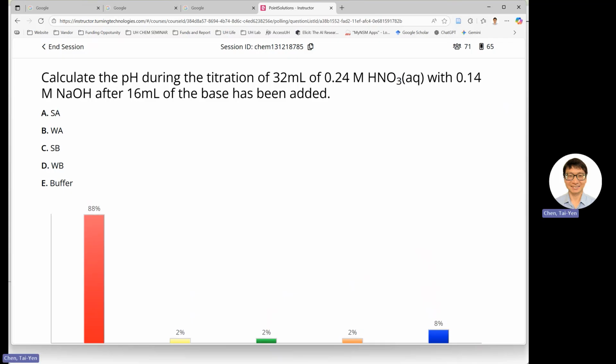So you need to know what species you have inside your solution. Here, the concentration of your strong acid is 0.2 and the base is 0.1, roughly. Volume-wise, you have more acid than base. From just a qualitative analysis, you should see that the amount of strong acid outweighs the amount of strong base, so they're going to interact and neutralize each other.